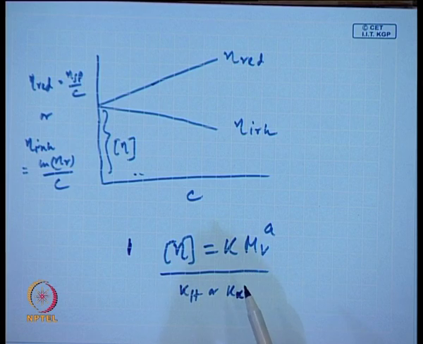So, with this we conclude the discussion on determination of molecular weight by viscosity method. Remember, there are a few precautions you have to take. You have to make the solutions to determine the intrinsic viscosity such that the concentration is very low, in the very dilute solution region.